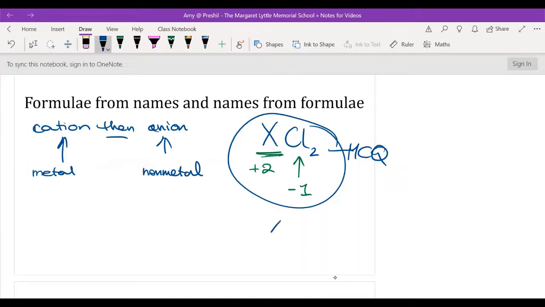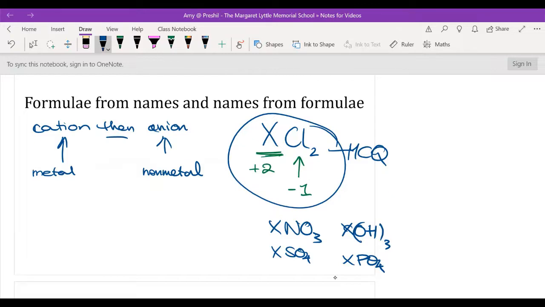So it might be XNO3, XSO4, XOH3, XPO4. And you've got to choose which one of those has the correct formula.